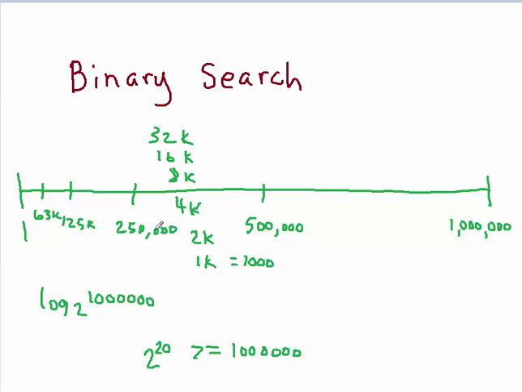So that was 1, 2, 3, 4, 5, 6, 7, 8, 9, and 10 more guesses, for a total of 20 guesses to guess a number between 1 and a million.